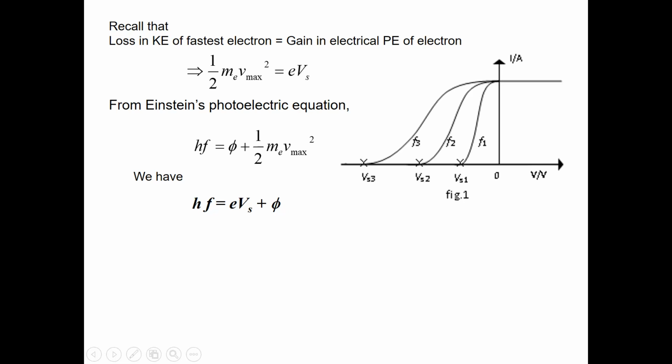If your F is higher, the stopping potential must be higher. Agree? So here, frequency 3 is larger than frequency 2, is larger than frequency 1. So the stopping potential 3 must be larger than stopping potential 2, must be larger than stopping potential 1. Okay? That is essentially the graph you have at the top.